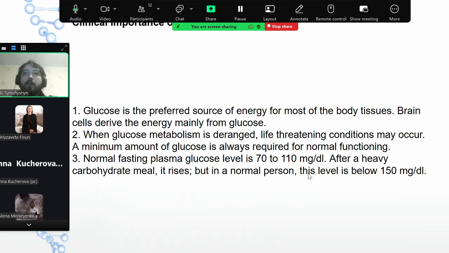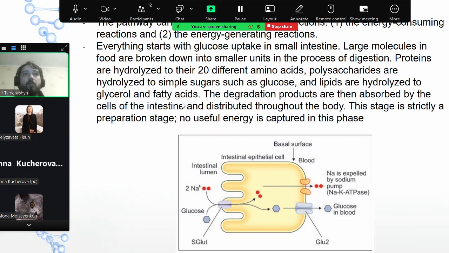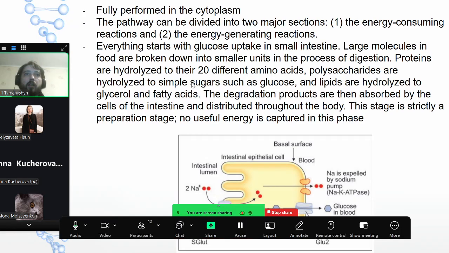After a heavy carbohydrate meal, it may rise, but in a normal person this level is always below 150. If it gets higher, that's really a problem. It's a problem because glucose may start different bad reactions, glycosylating proteins that you don't want to be glycosylated, and doing some other nasty things.